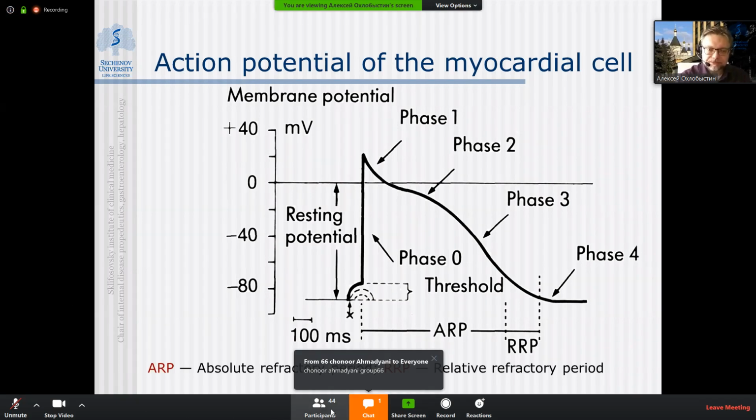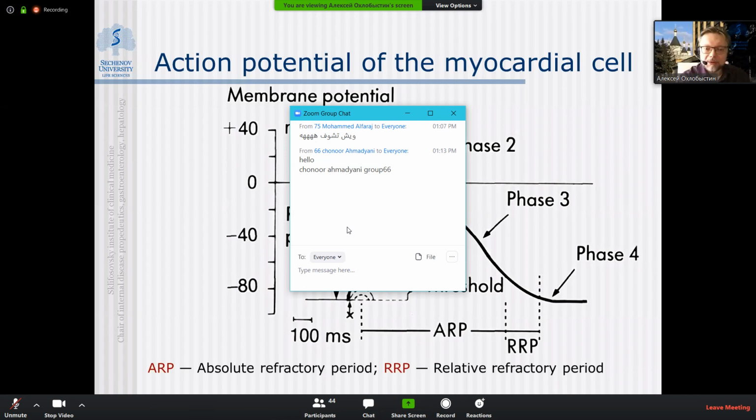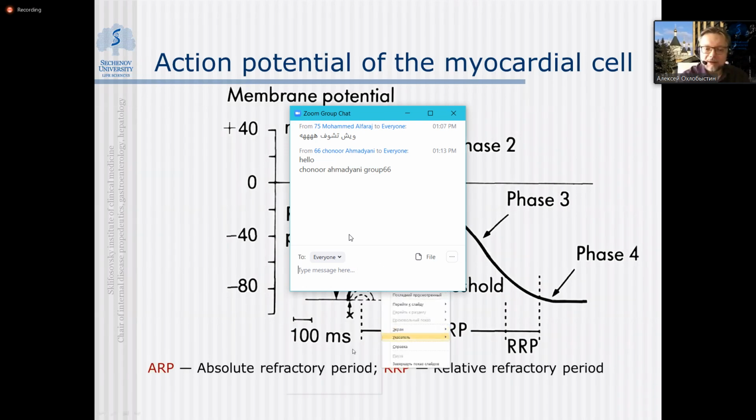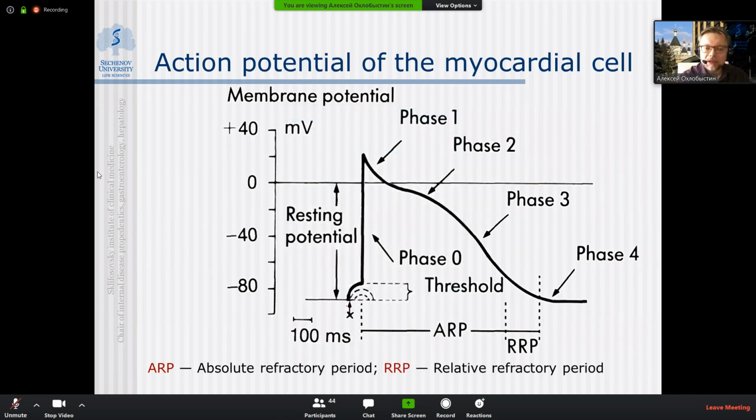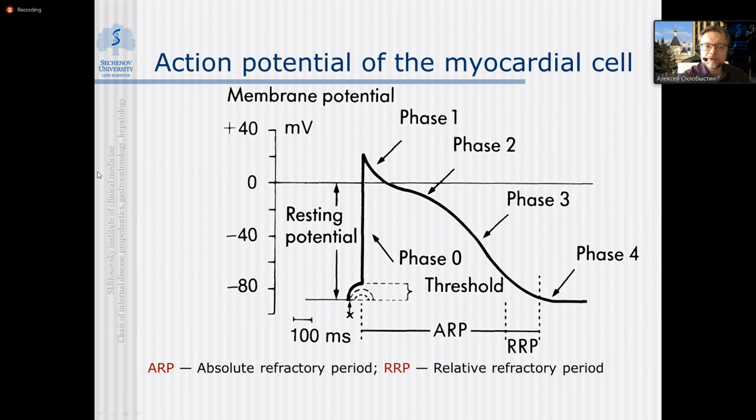Still, we need to know what will happen to cardiomyocytes while they are activated. At rest, they have a negative charge from inside that turns positive from the outside, and then it is restored when activation disappears.